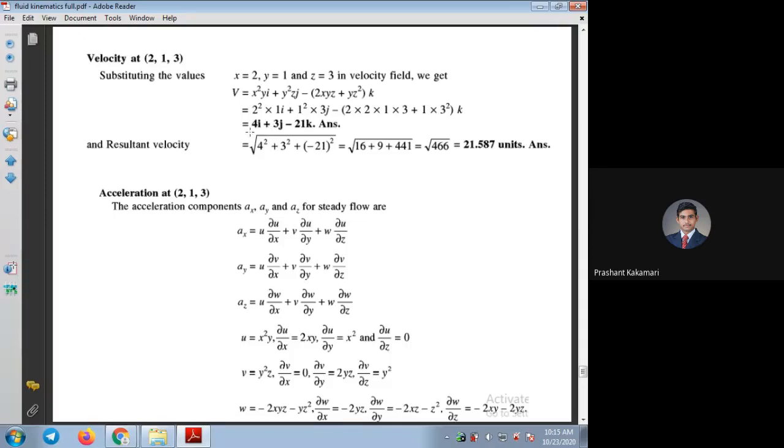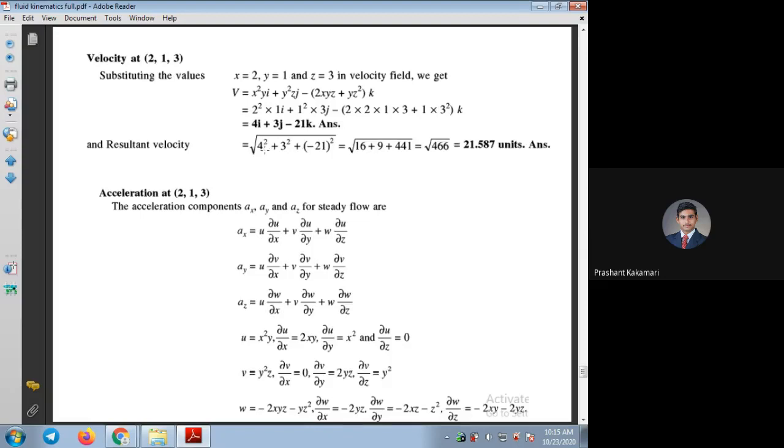Now using these numbers, see these numbers are the magnitude. We want the magnitude of velocity. So that I can write it as square root of velocity in x direction squared, velocity in y direction squared, velocity in z direction squared. That is nothing but small u square plus small v square plus small w square.